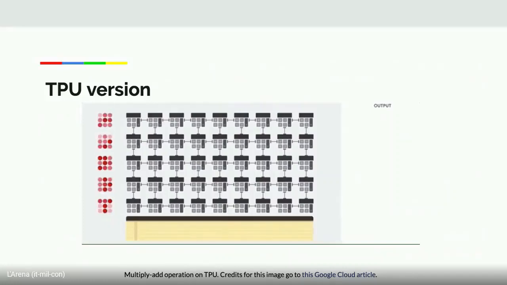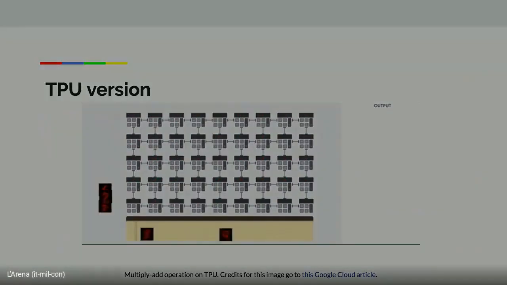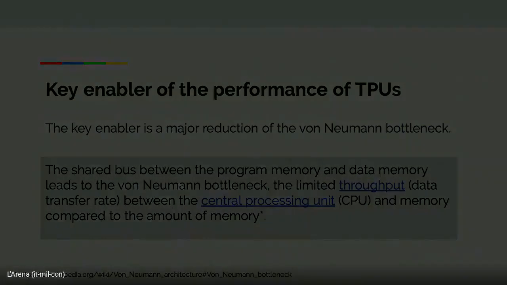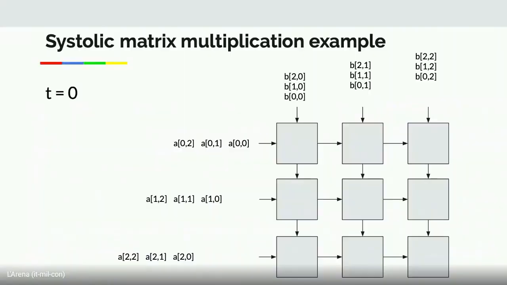The best way to explain it is the following. Let's put it this way. Imagine that this is our TPU, okay? Each of those squares is what's called an arithmetic logic unit, okay?